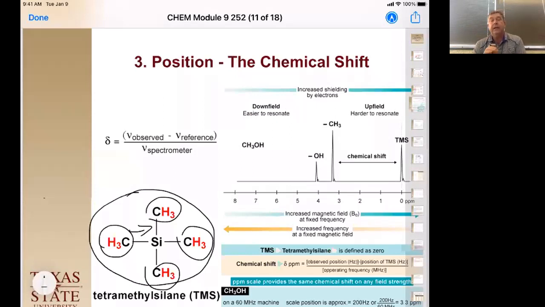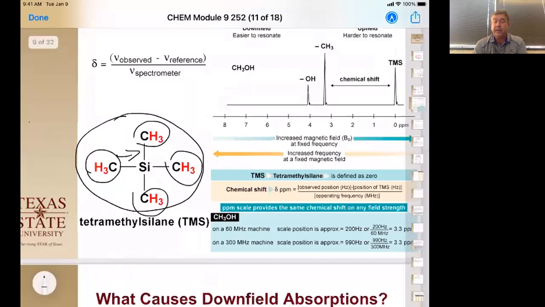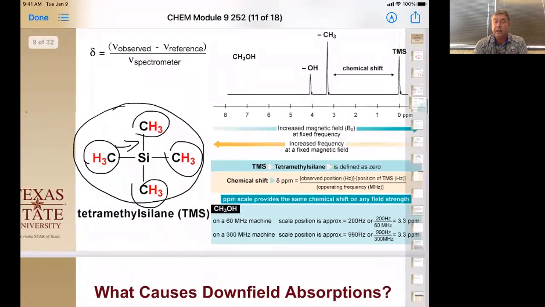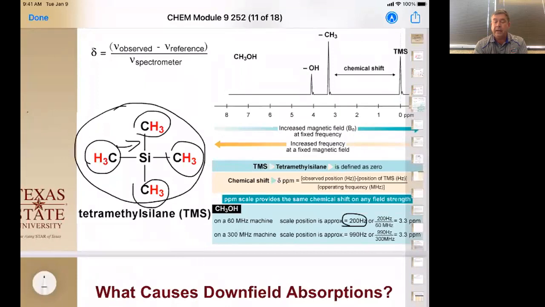Another interesting thing is that instead of just using the frequency, the time it took to relax, we actually scale it. So no matter what type of NMR we have, we're going to end up with the exact same number. The way we do that is we take the observed frequency and divide it by the frequency of the machine.